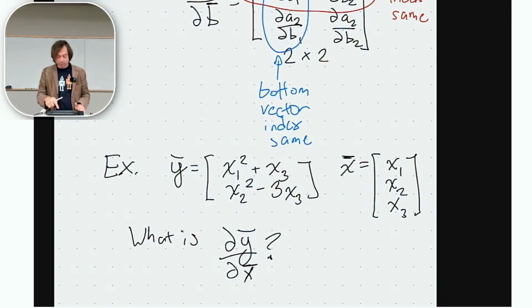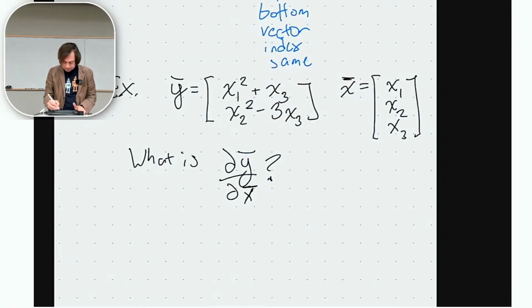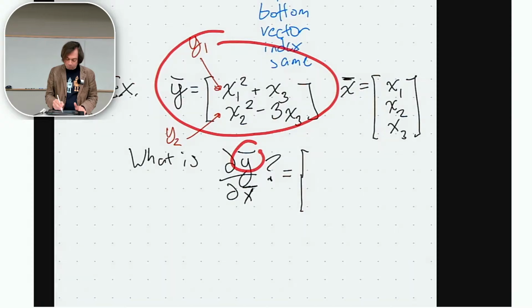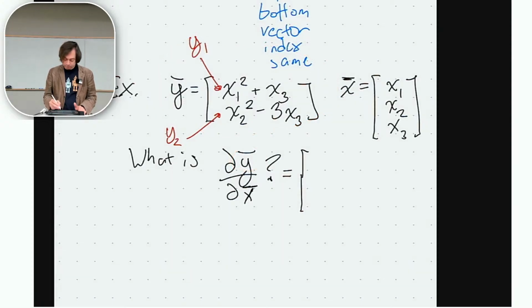Let's follow our format. Okay? So we could think of this element here as y1, and this as y2. So we know the number of rows is going to be the number in the top here, y. We're going to have 2 rows.